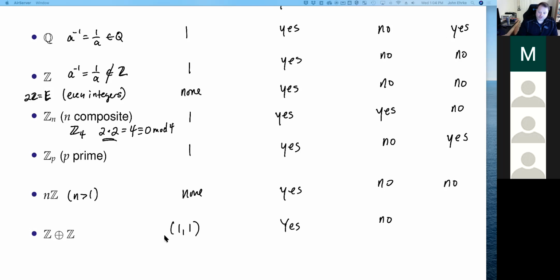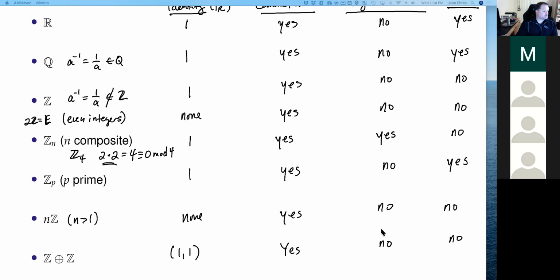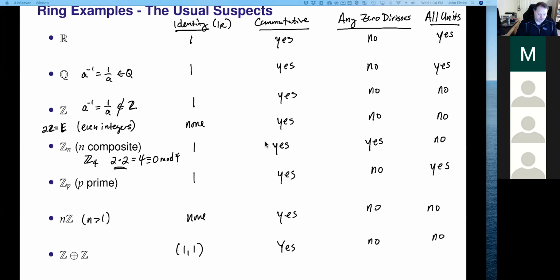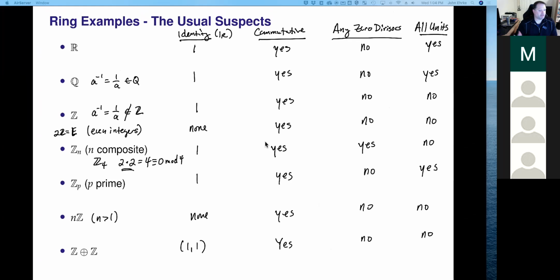There are no 0 divisors here, and not all the elements are units. So if you look at what this is most closely related to, Z cross Z or Z plus Z is closely related to the ring Z. They have similar profiles. So these are basic ring examples to give you an idea of what the topic's about.